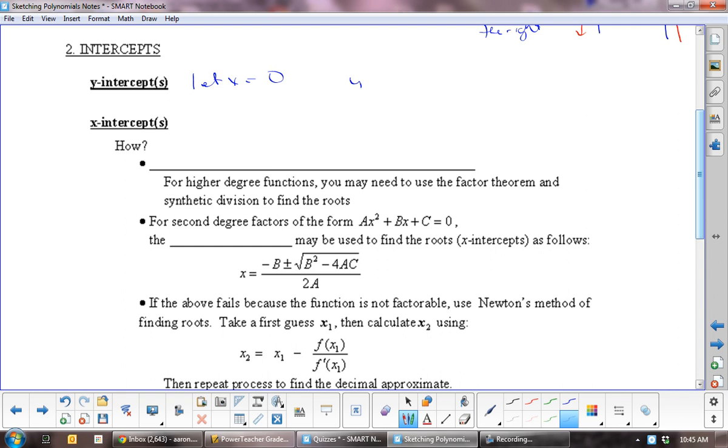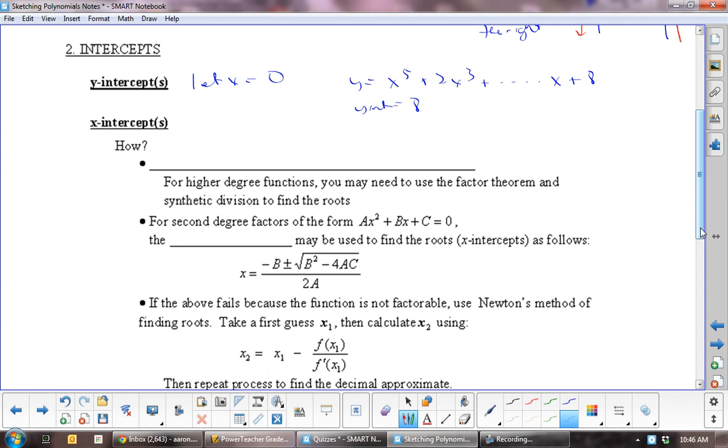Like if you had y equals x to the fifth plus 2x to the third plus x plus 8, right? It's not a lot of math. You just put in your zeros, and so your y-intercept would equal 8, right?